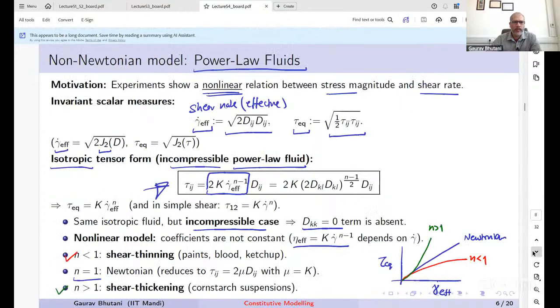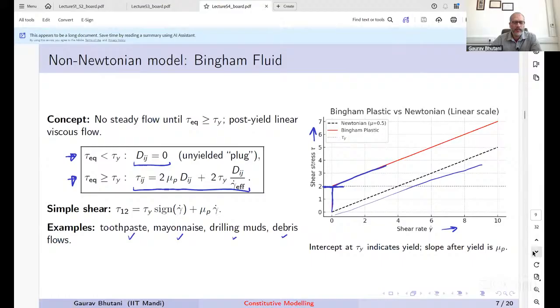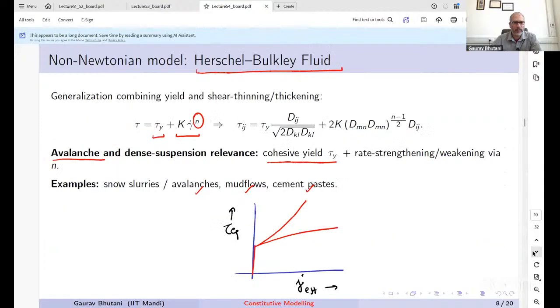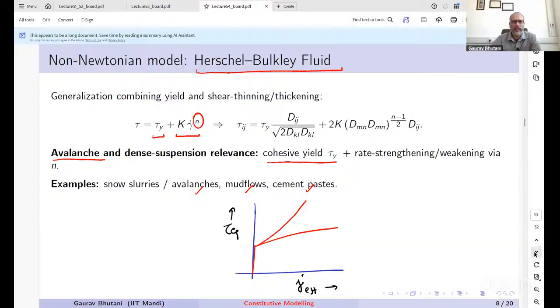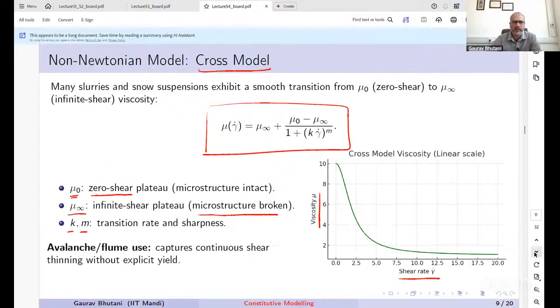So the most common is power law fluids. We talked about Bingham fluids, where you have a yield stress, where they initially behave like solids, and then beyond a certain stress, they start behaving like fluids. And we check for this yield criteria using the J2 of stress, as we discussed earlier in the octahedral shear stress situations. And we have Herschel-Bulkley, which show a yielding behavior like the previous case of Bingham, but they have a nonlinear nature beyond that.